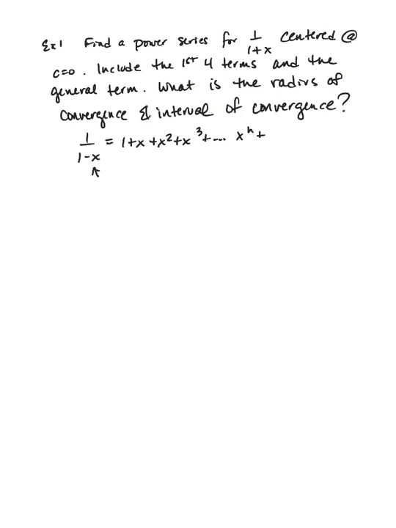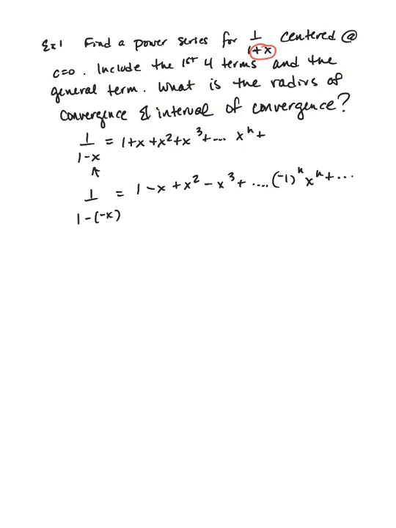When we have 1 over 1 plus x, it's the same as having 1 over 1 minus -x. So we're just going to replace x with -x. So all the odd terms are going to become negative, and now we have an alternator.